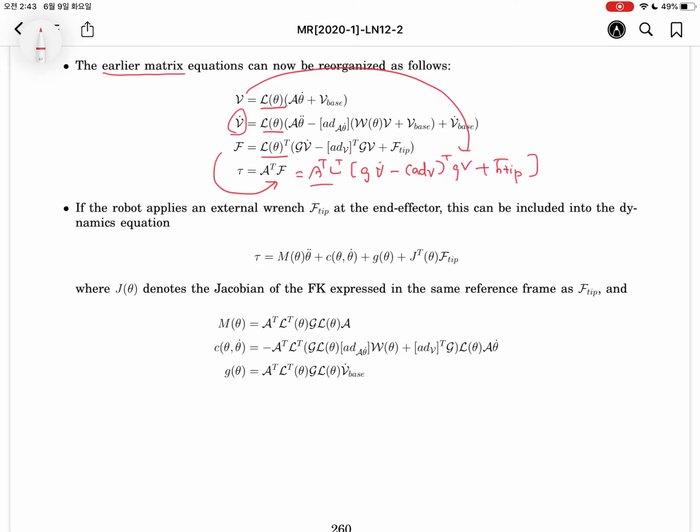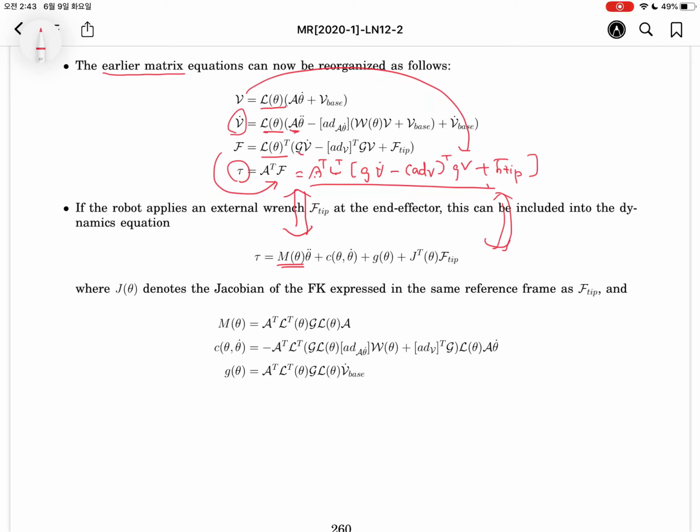Okay, by expanding this equation using the V dot and the V, then the result will be the tau. So this matrix equation will be equal to M theta 2 dot and the C and the G and the J transpose F. So by comparing both terms, we can know that the M is equal to A transpose L transpose G and LA.